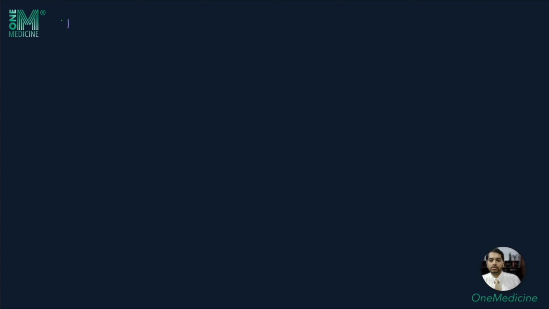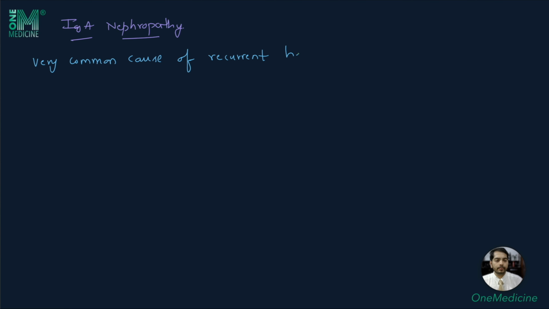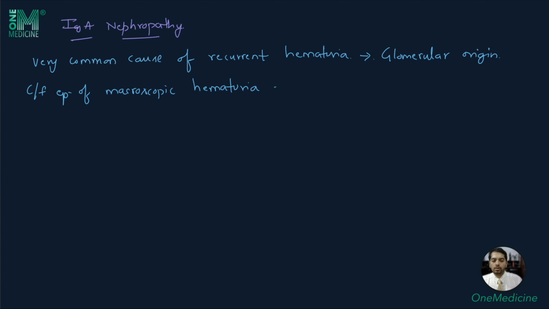The disease is considered to be relatively benign. The next important cause is IgA nephropathy. This is a very common cause of recurrent hematuria, and here the hematuria is of glomerular origin. Patients present with episodes of macroscopic hematuria with flu-like symptoms.